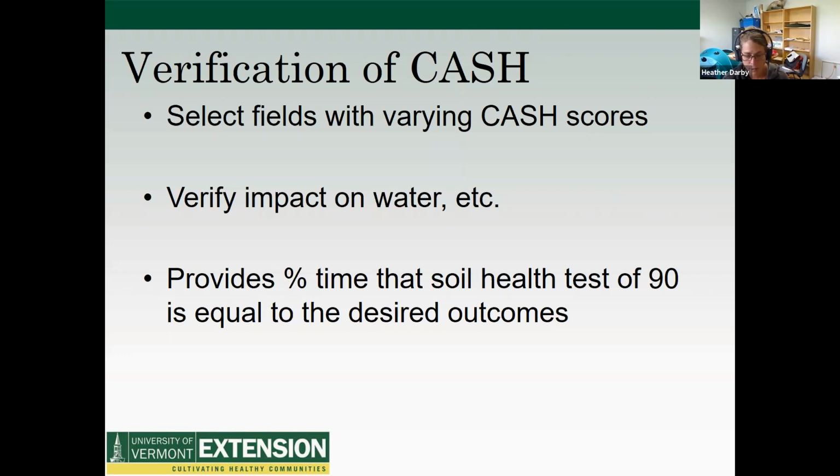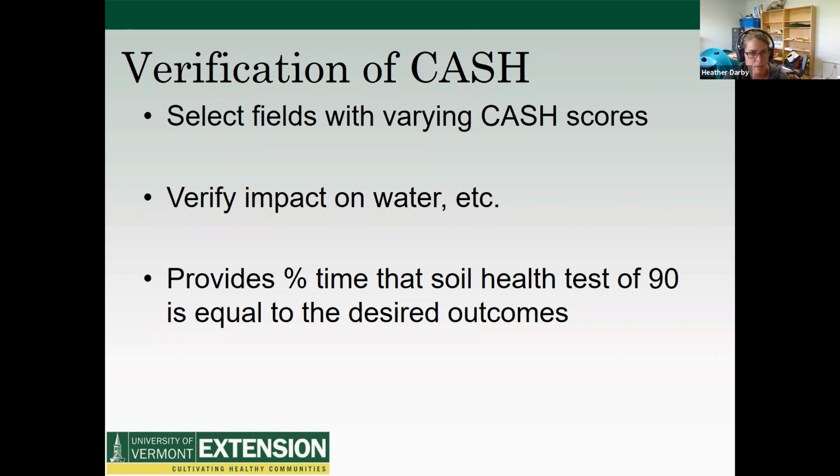And if we go down the road of using the Cornell soil health test with the RAPs, and we don't achieve those outcomes, we're not going to be very happy about that. So how do we verify that if a soil has a score, let's say of 90, it does have an impact on the quality of the water coming off of that field or farm?